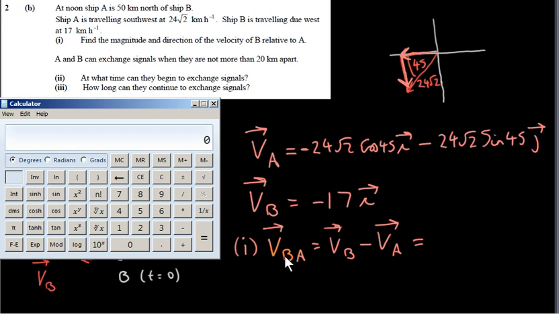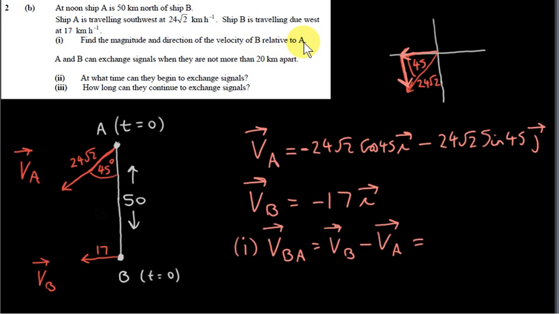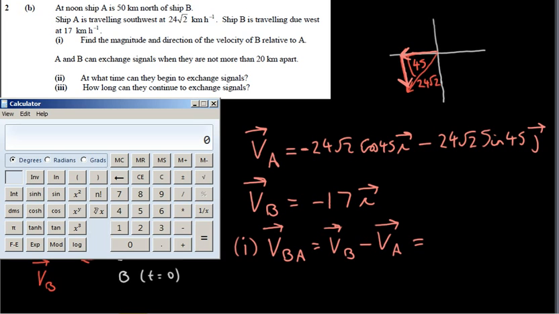We are interested in the velocity of B relative to A. That's written as VBA, and we know that VBA, the relative velocity vector, is VB minus VA. So this is our key formula. So we have to take VB, which is minus 17I, and subtract this vector here. So we take the I component of VB, which is minus 17, and we have to subtract the I component of VA, which is minus 24 root 2 cos 45.